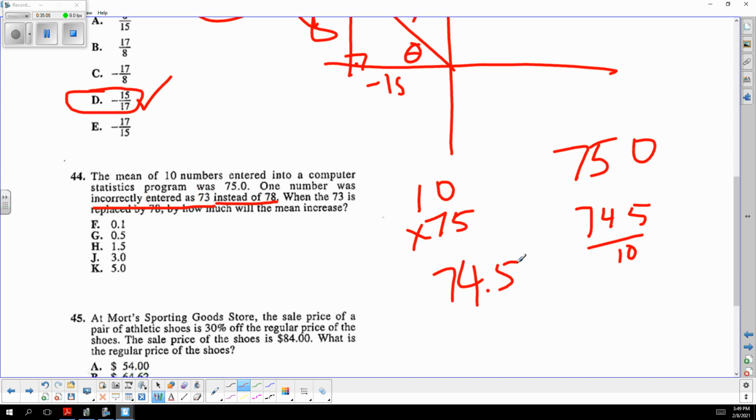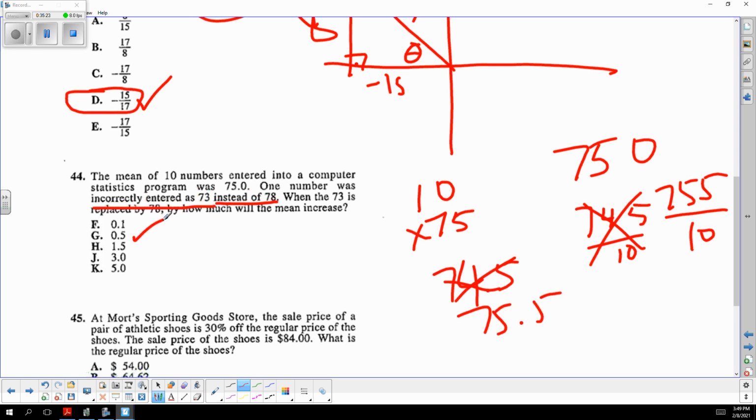So the average, wait, I should be 5 higher, my bad. It's the same answer, but it's 5 more. So the average is 75.5. So it's 0.5 higher. Sorry about that.